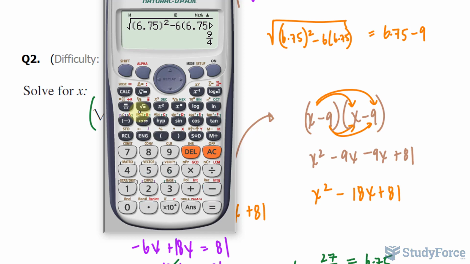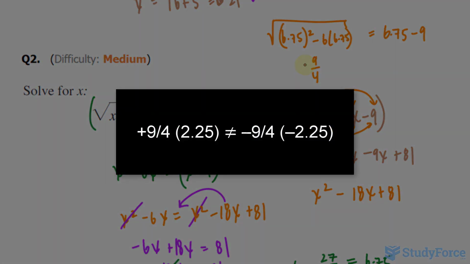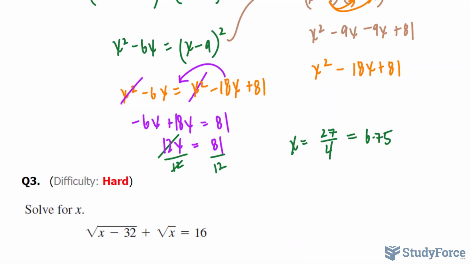That gives us 9 over 4. But on the right side, 6.75 minus 9 is negative 9 over 4. Therefore, because they do not match, the left and the right side do not agree, then what we found for x is not a solution. And this equation has no solutions. Just keep that in mind for future reference.